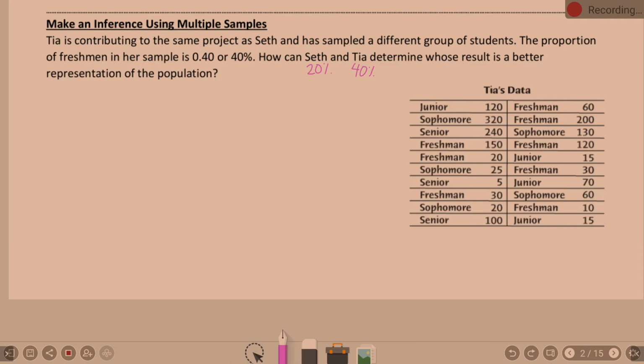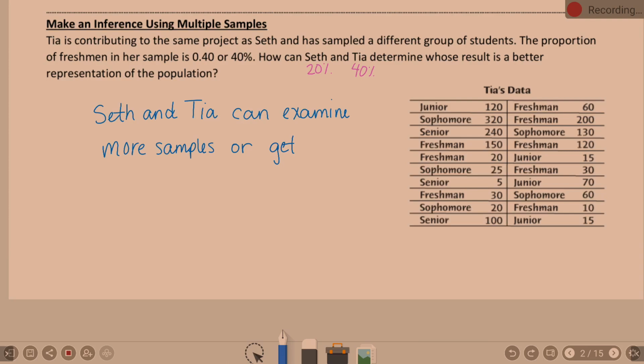And that's all I'm putting on this one, just writing that information down: Seth and Tia can examine more samples or get larger samples.